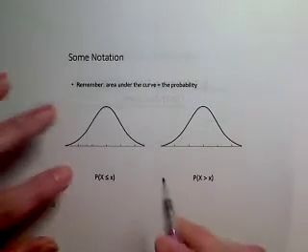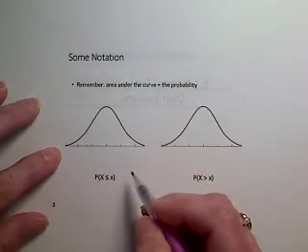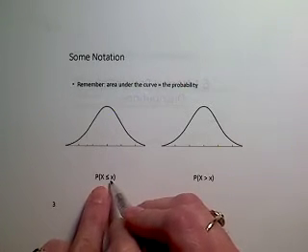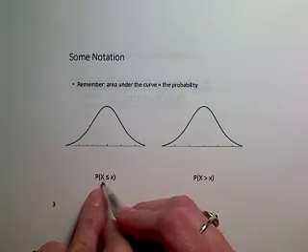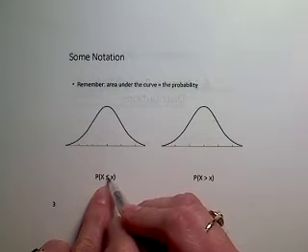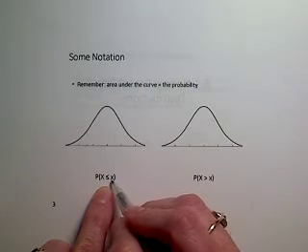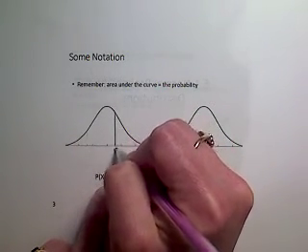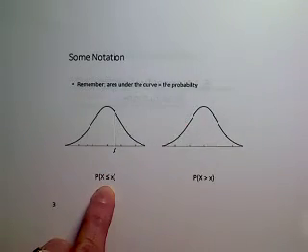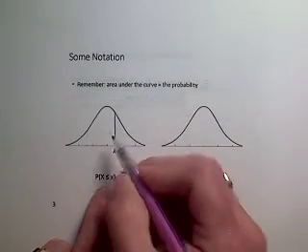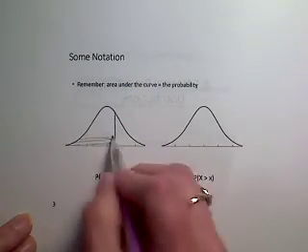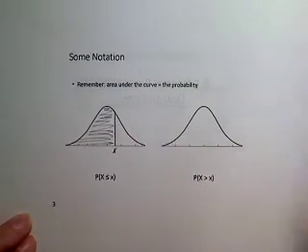Okay? So continuous. So, when I say the probability that x, this is our distribution, is less than or equal to x, our value, what that means is, well, if this is my x value, my little x, the probability that it is less than that is everything over here. It's this area.